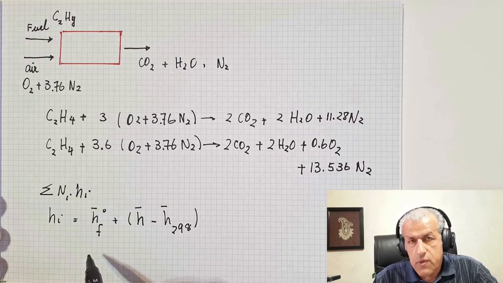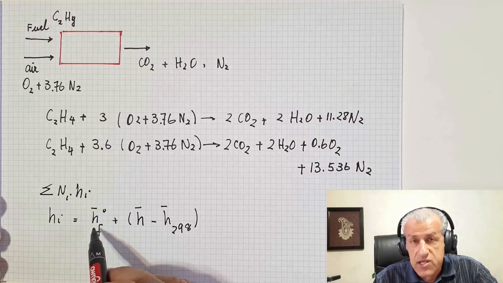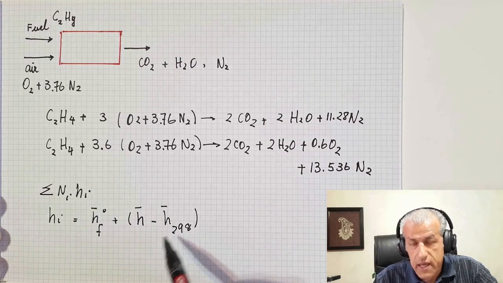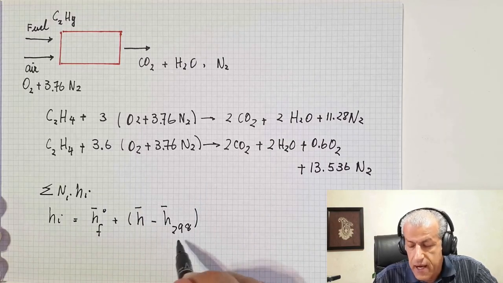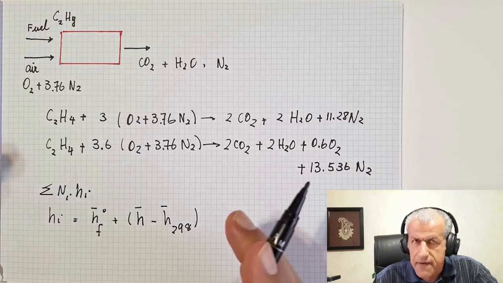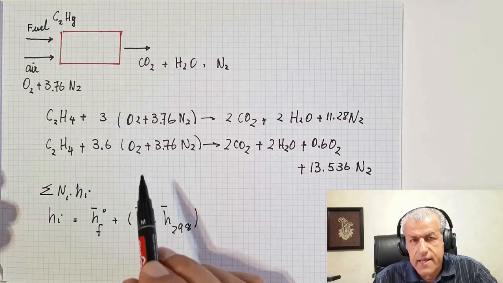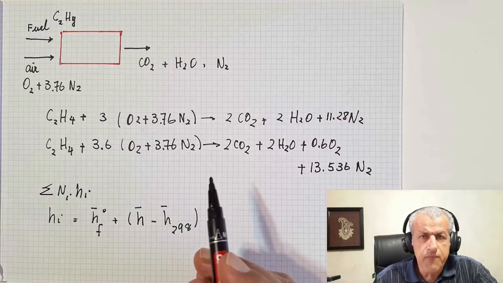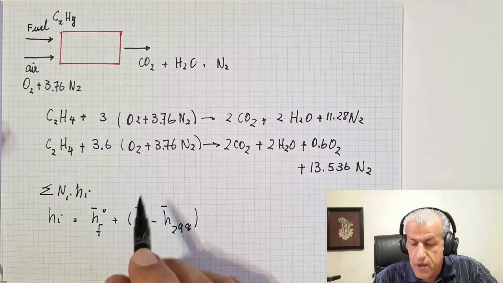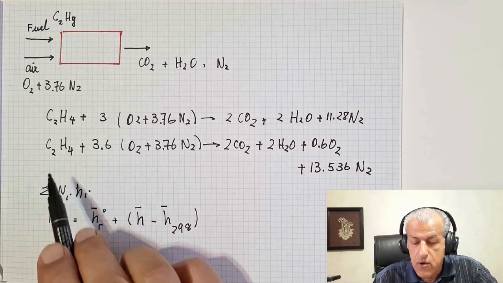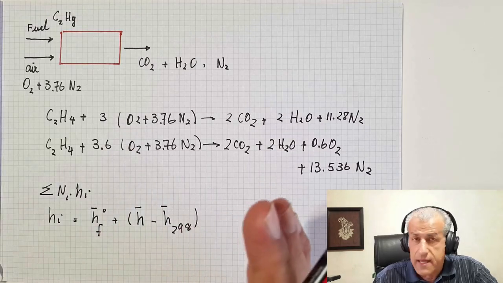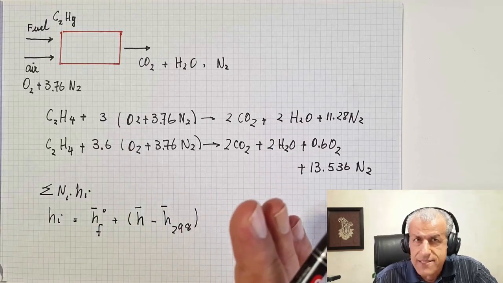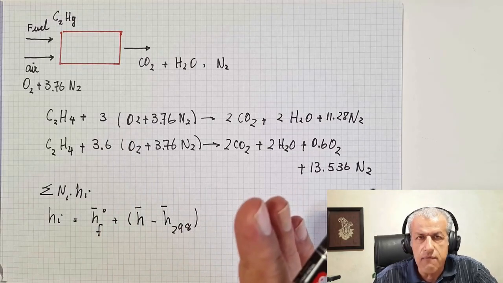So what we need to account for is HF, H at 298, and H. The point with this term is that often we assume that reactants are at 298. So this term would basically be zero for each of these three. That's the simplification, but it doesn't have to be always like that.